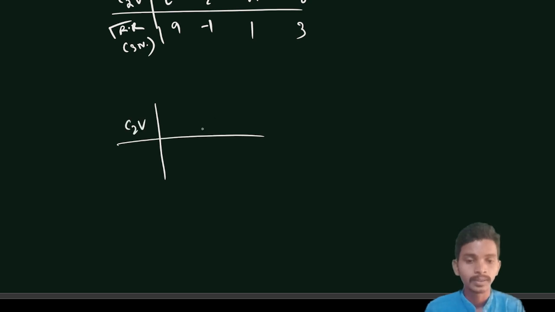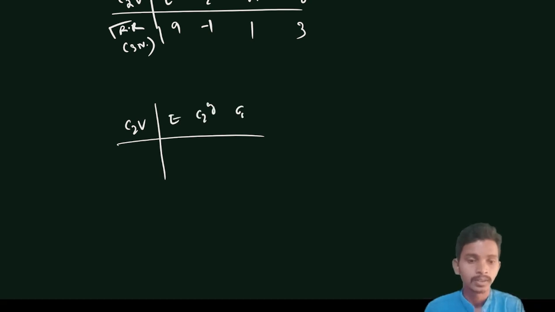Let's say C2v, and for this E, C2(y), sigma YZ, and sigma XY. So what you do, first the number of unshifted atoms. So for E, 3 will not shift.